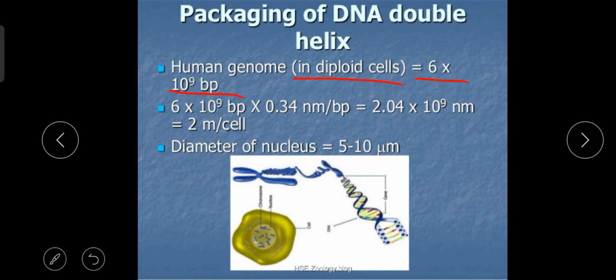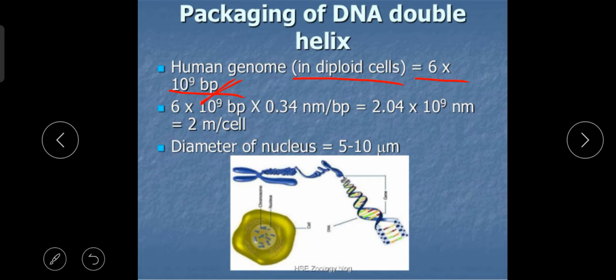When the chromosome number inside the cell is only 23, that is called haploid cell. In diploid cell, the number of nitrogenous base pair in DNA molecule is how much? 6 billion. Okay, 6 into 10 to the power 9 base pair, BP for base pair. So we have in one cell 6 billion base pairs present.